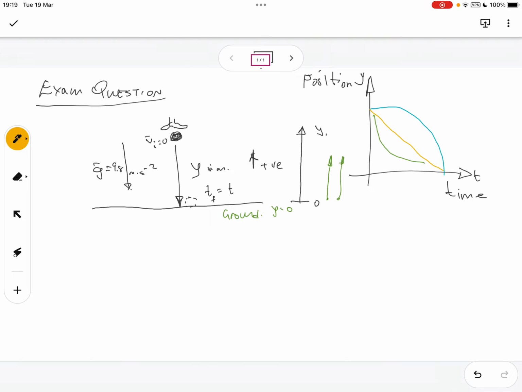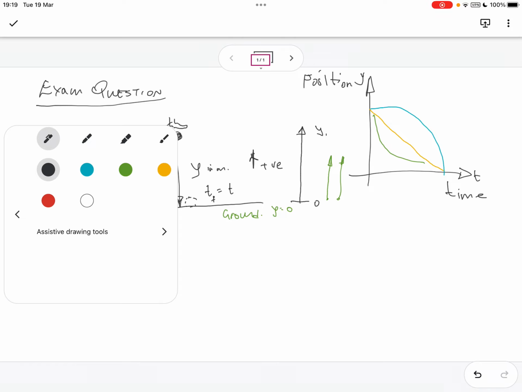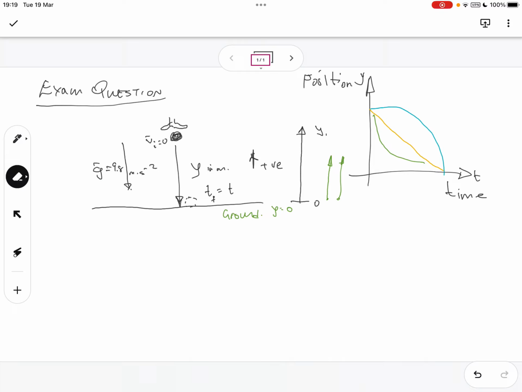Upwards is positive, ground is 0 reference, and the stone hits the ground after time t. So in all 3 of them, a certain amount of time passes, and only after it passes do we get the change in the vertical drop.